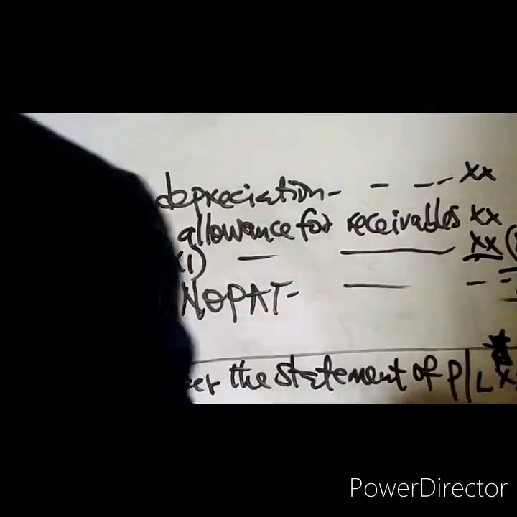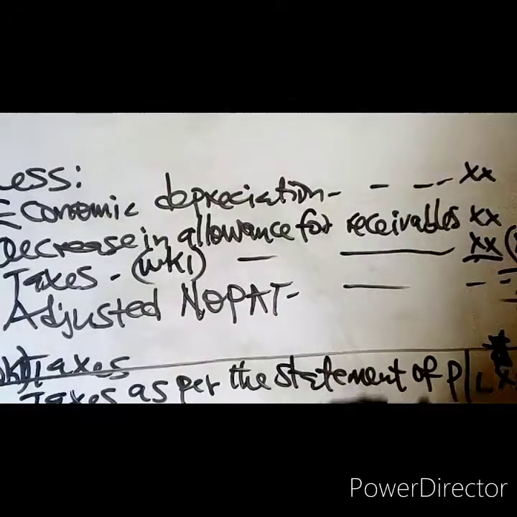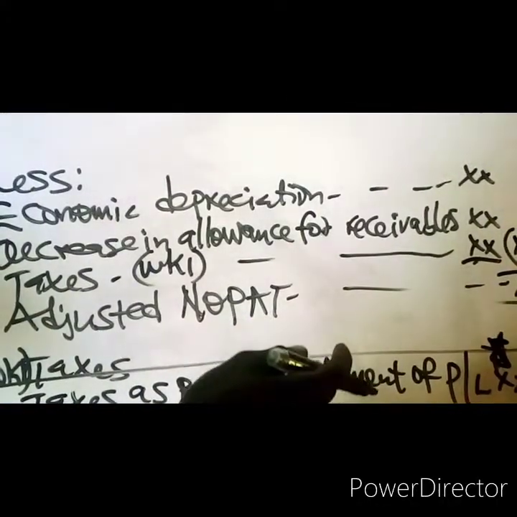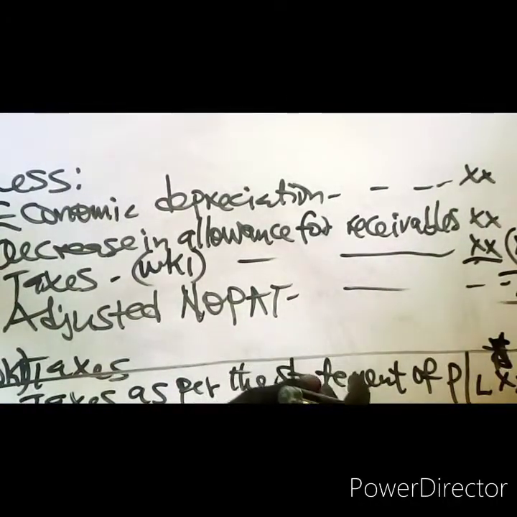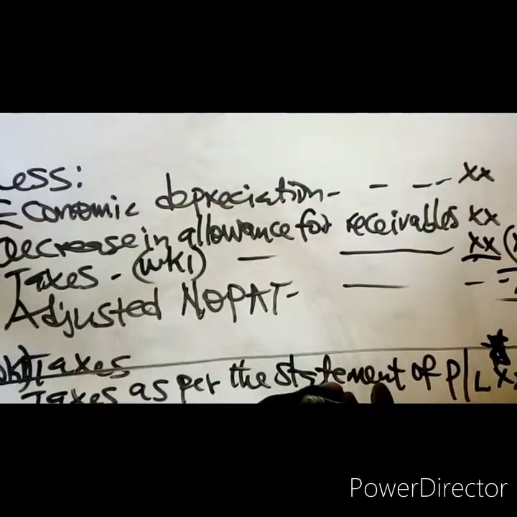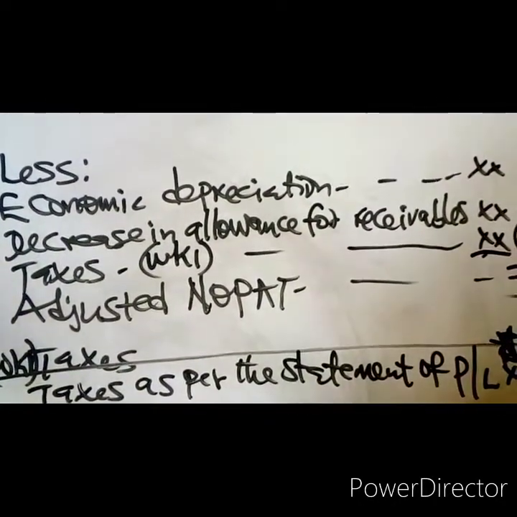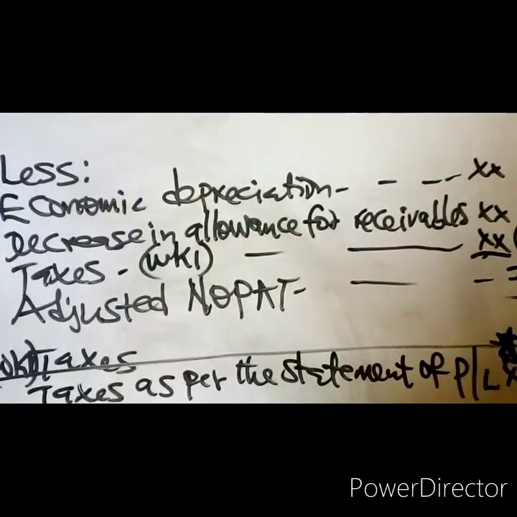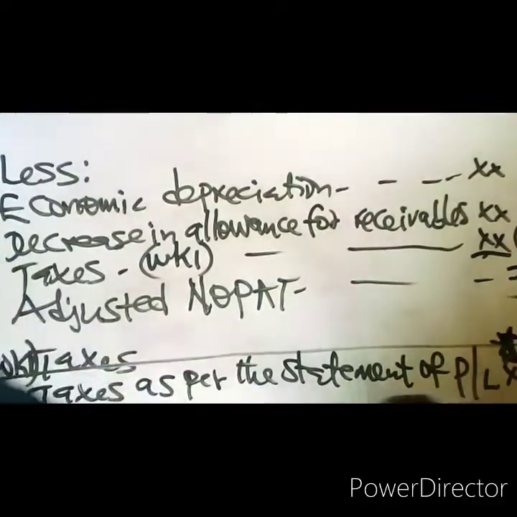But for the purpose of EVA, the tax is based on cash rather than the accrual based method used in financial reporting. In your financial reporting, your taxes have been calculated using accrual based principle, but you are going to use cash basis for the purpose of EVA.